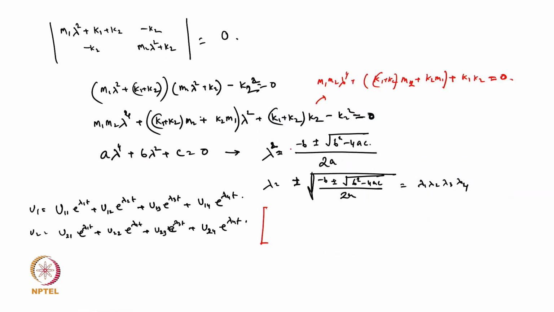Now if I substitute these lambda square here, what can I get? The equation was m1 lambda square plus k1 plus k2, minus k2, minus k2, m2 lambda square plus k2. Now if I put that value of lambda and see, what will happen?